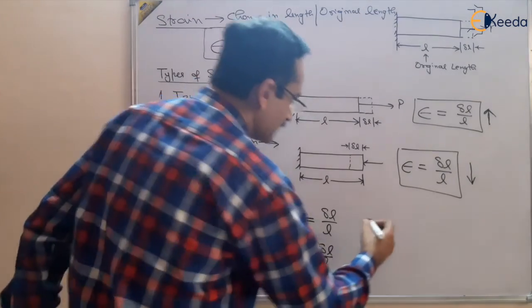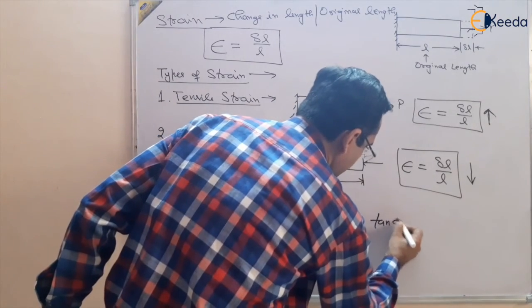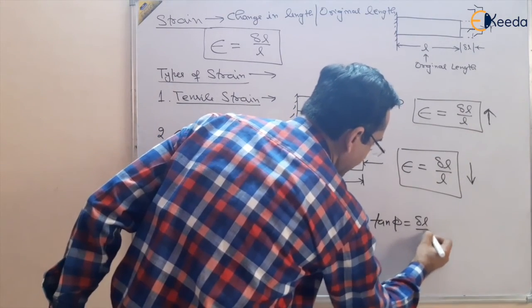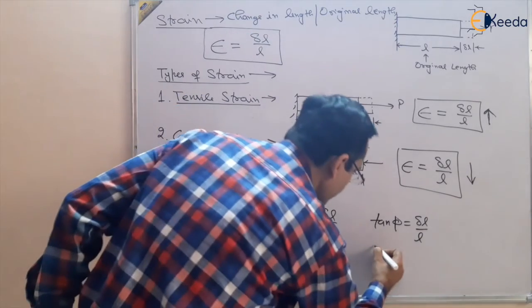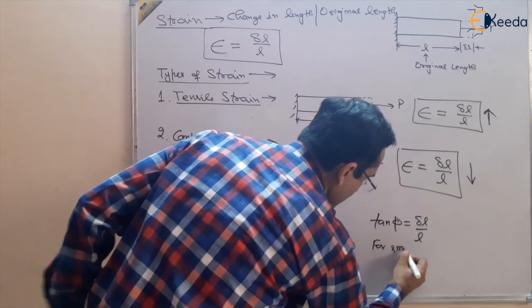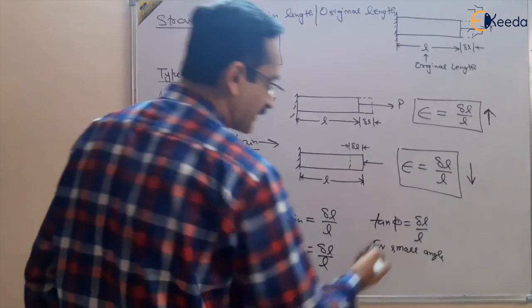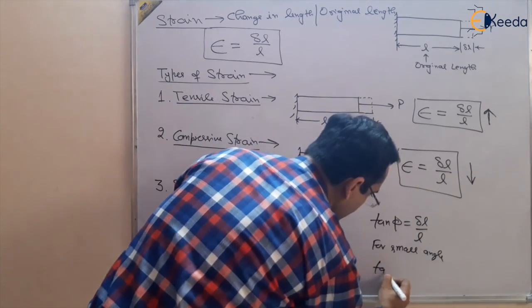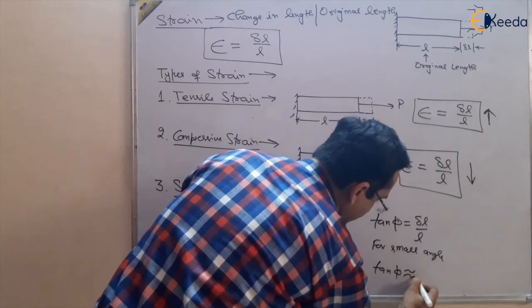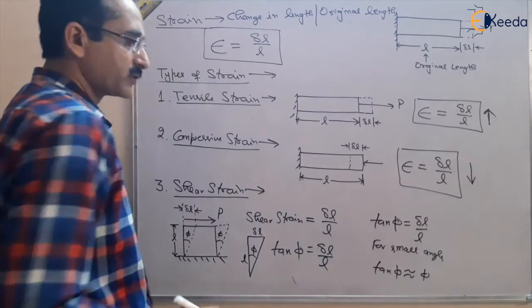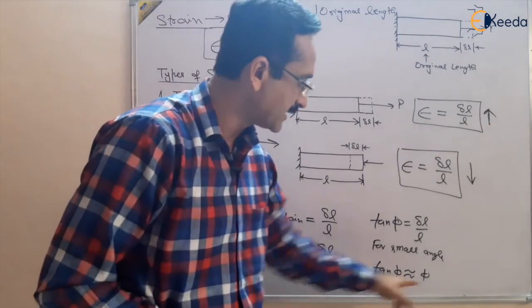So we can say that the shear strain can be written as tan phi, that is equal to delta L upon L, and for small angles, which is the case with metals in most cases, tan phi is nearly equal to phi. You know that for small angles tan phi and phi are the same.